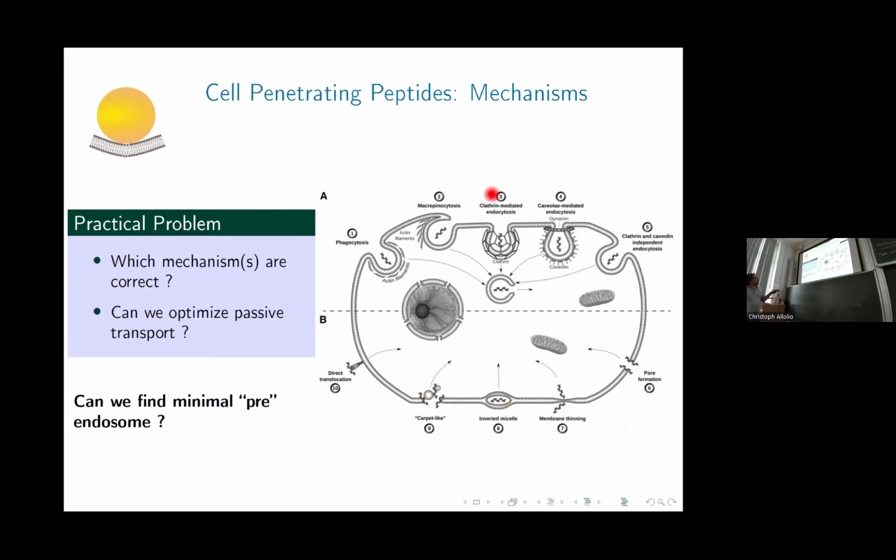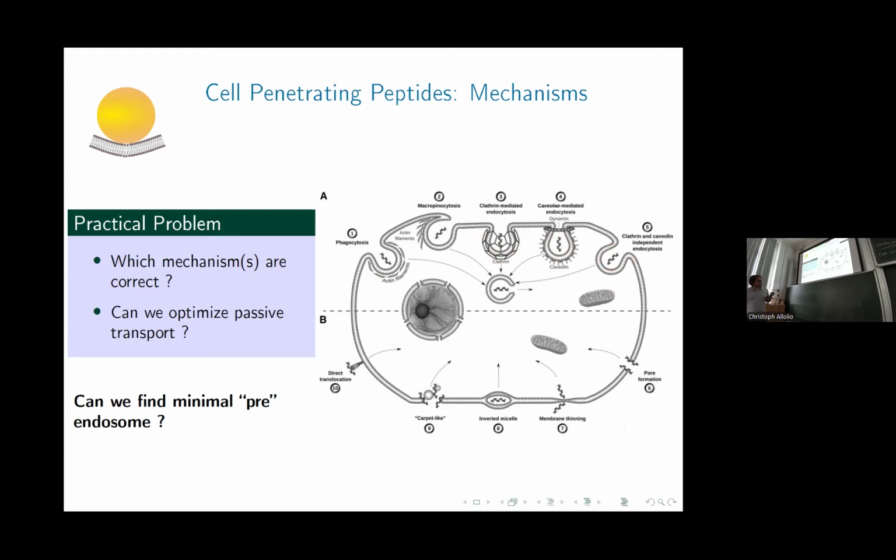However, what a great deal of these mechanisms have in common is that you form some sort of invagination at the beginning of the entry mechanism. This is often supported by active transport proteins, like this football cage here that self-assembles, but it sometimes also works directly.